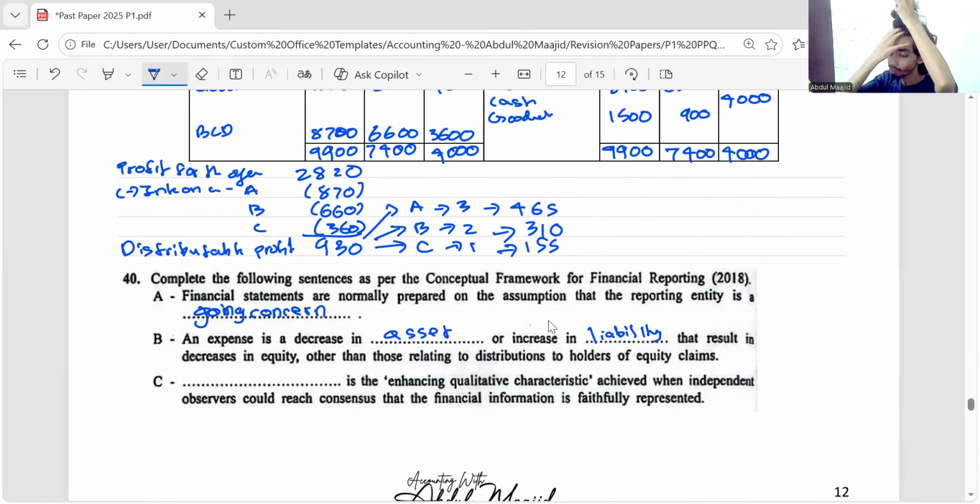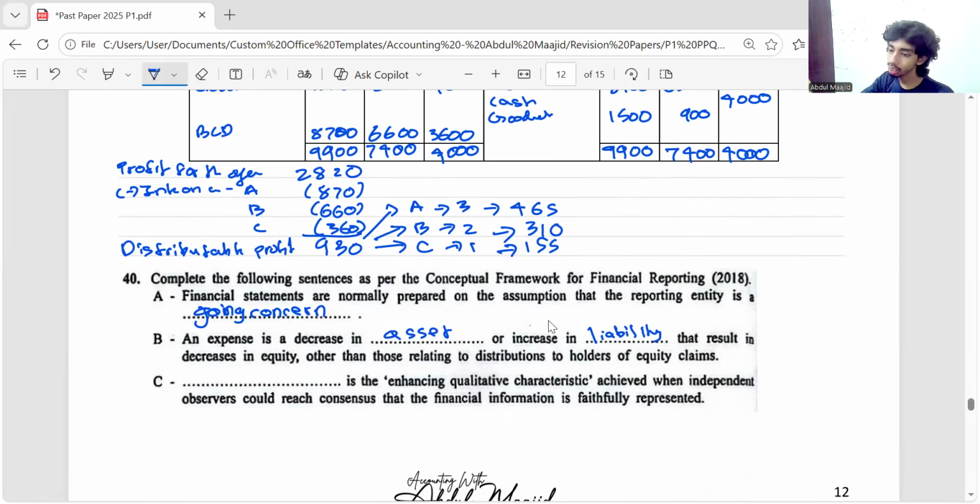Then C, blank is an enhancing qualitative characteristic achieved when independent observers could reach consensus that the financial information is faithfully represented. That means each independent party can read and understand that the information is properly, faithfully presented.